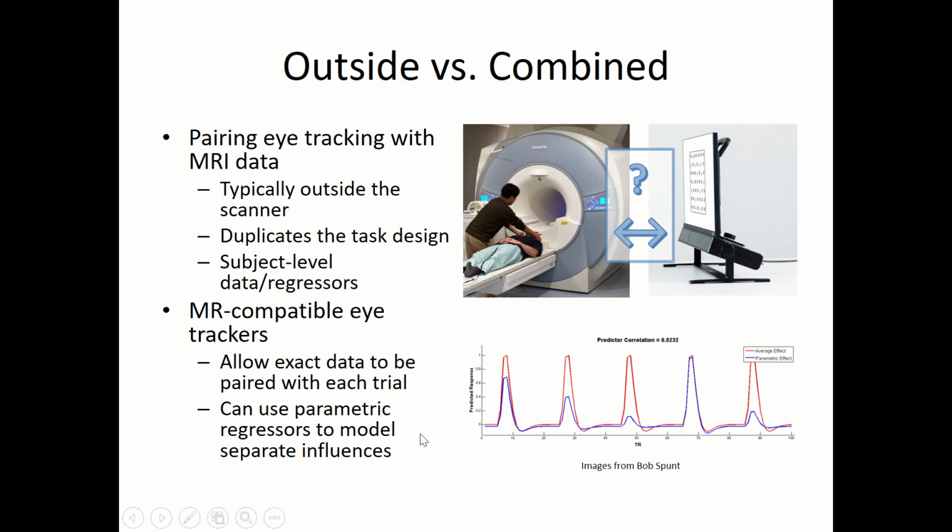To delve back into some of our MRI methods, the way I've used eye tracking data, and I've seen other implementations, is to use a parametric regressor. You have a whole series of trials where you're doing a task, and you pull out some variable from each trial from your eye tracking data, and then you create an effect that modulates some change.